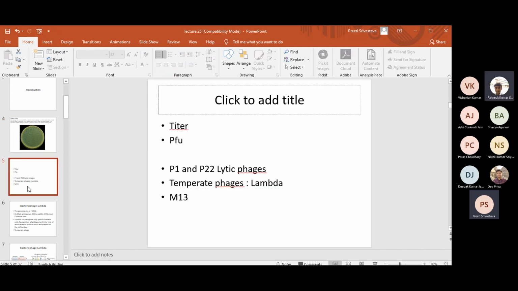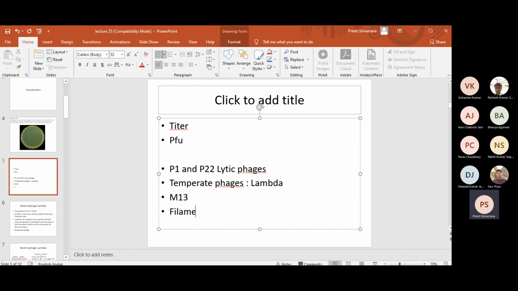M13 is actually a filamentous phage, roughly 6.7 kb is the genome size. It contains 11 proteins.